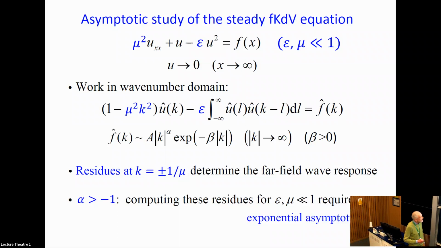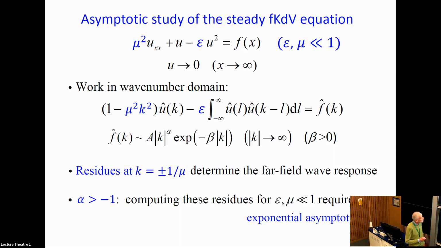Well, the thing is that unlike this equation in the physical domain, where if you expand in powers of epsilon and mu squared, you will never see waves, so everything goes smoothly, no sign of waves, and no sign of non-uniform behavior either. In this case, if you expand in powers of mu squared and epsilon, you start seeing non-uniformities. That is, this expansion becomes non-uniform for large K. So this is always, when somebody does perturbation theory, a sign that something is going on.